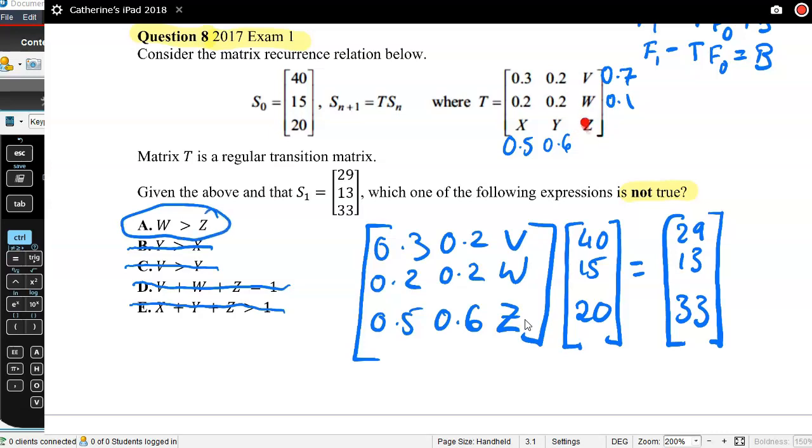And I don't need to do the calculation for z with the multiplication, because I know that column has to add up to 1, so 0.7, 0.1, so that is 0.2. So that's that one.